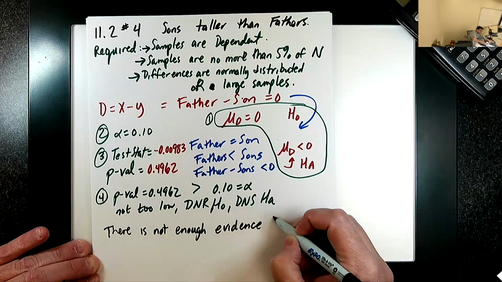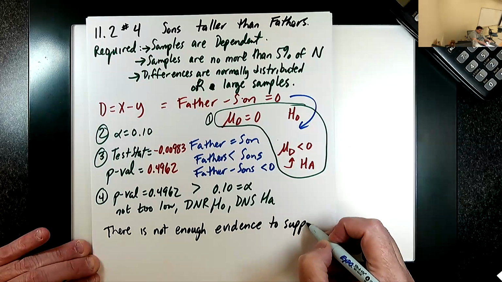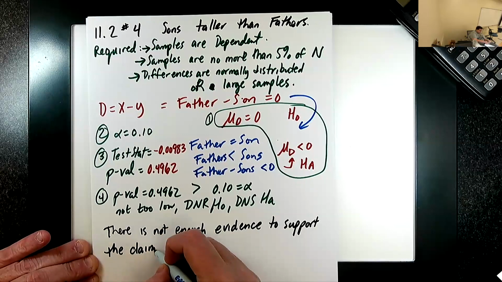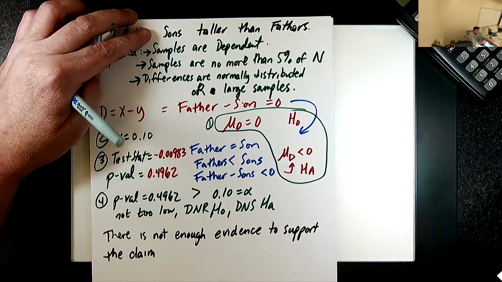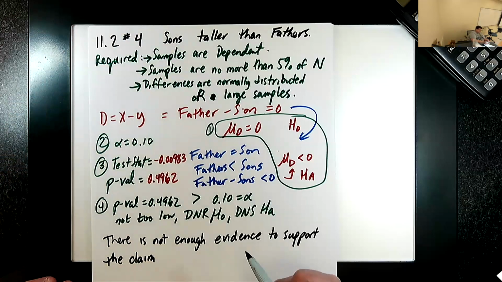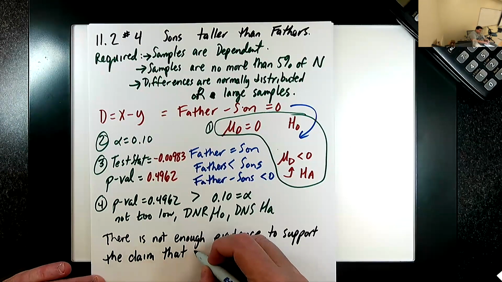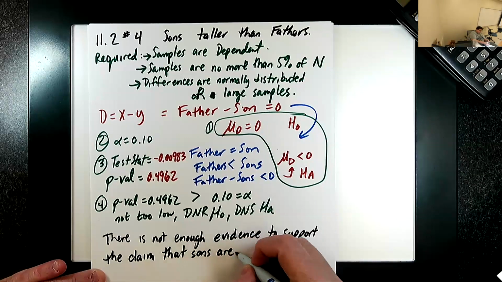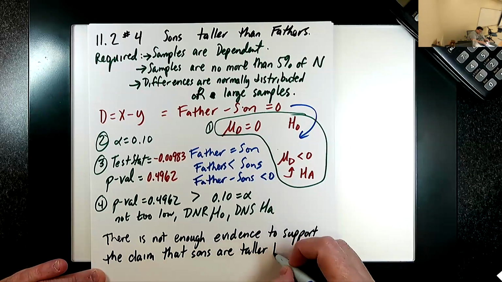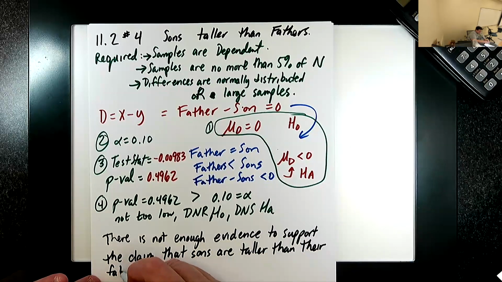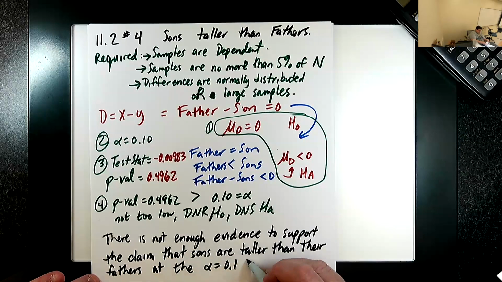There's not enough evidence to support the claim. The claim is always about HA, and HA was sons are taller than their fathers. There's not enough evidence to support the claim that sons are taller than their fathers at the alpha equals 0.1 level of significance.